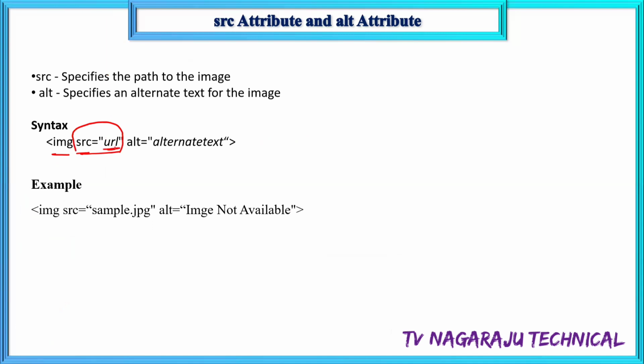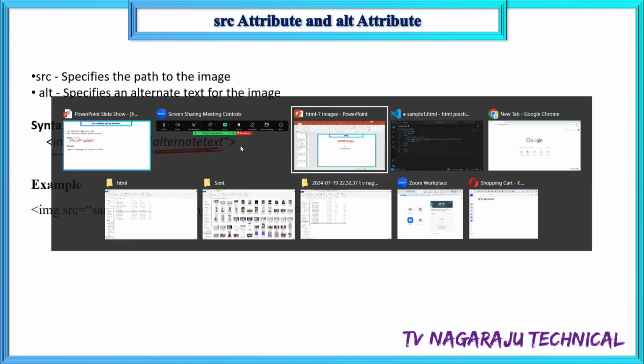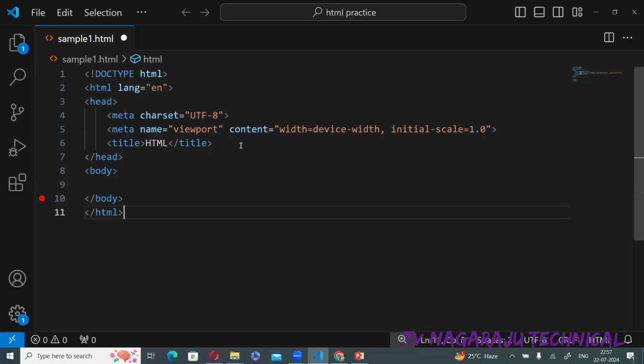Remember, here the path can be in your current directory or any directory or from the net, anything. Simply you need to give the path. If this is unable to load, this message is displayed. Anyway, we will discuss the image tag with each and every attribute in detail.